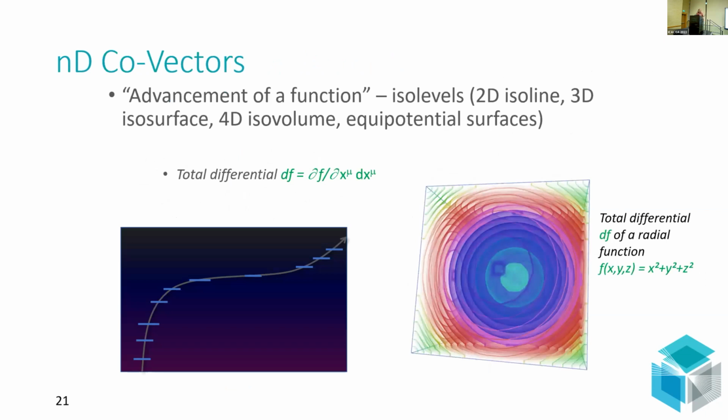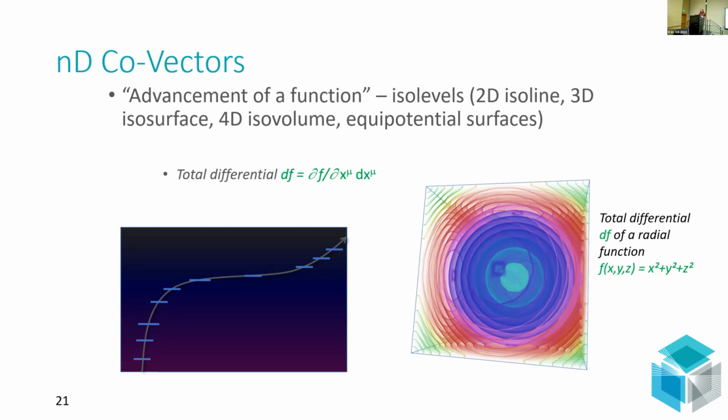And in general, a covector is like a local advancement of a function. Like the total differential of a function, you can think of it as something similar to an isosurface, an isovolume or equipotential surface. We have an advancement of a scalar function like a gradient here. The covector along a line of this function would be the little gradients along the plane here.